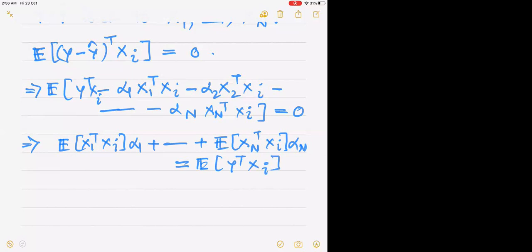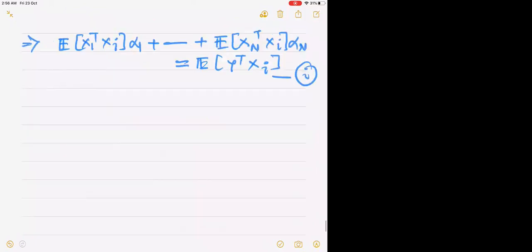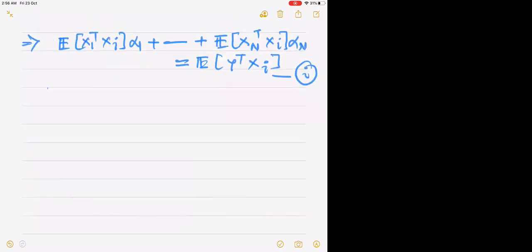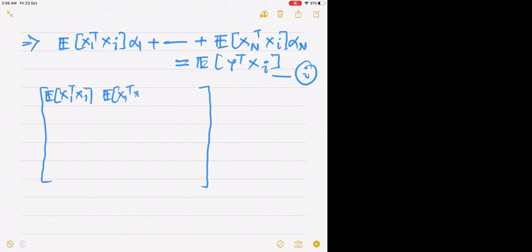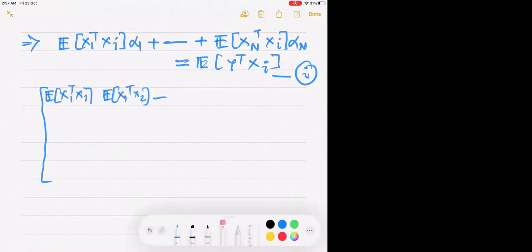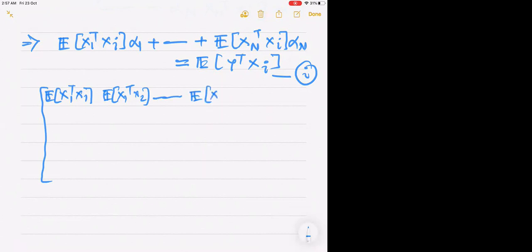So this gives me an equation. This is the ith equation. That way I have capital N number of equations, which can be written in the matrix vector form as: expectation of x1 transpose x1, expectation of x1 transpose x2, dot dot dot up to... Did I make a mistake?